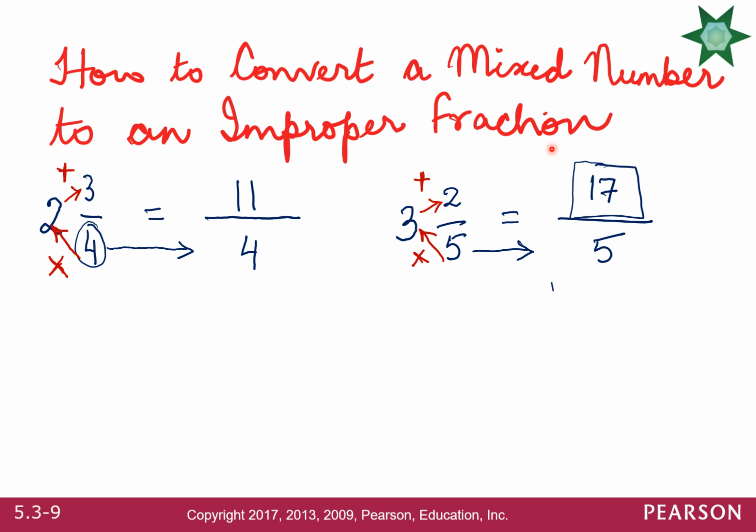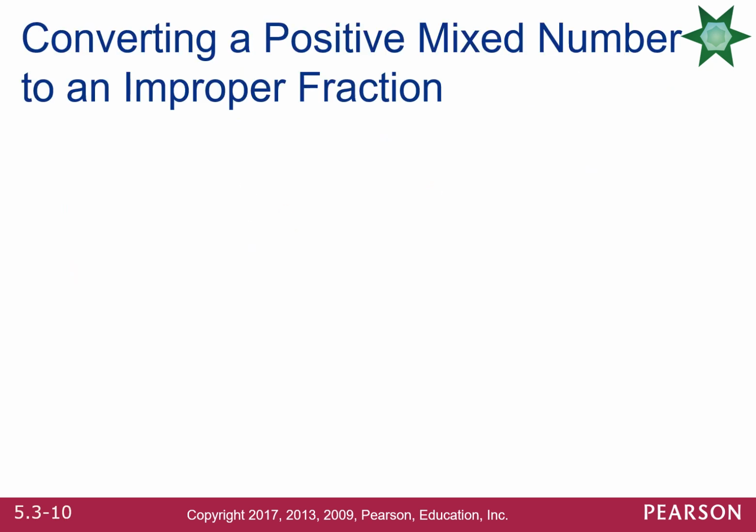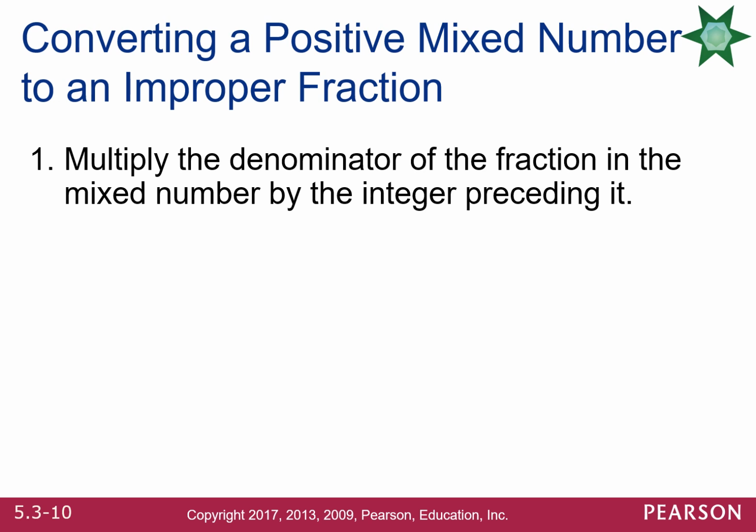Now let's go to the next slide where they write out the steps we performed. Here are the steps written out to convert a positive mixed number to an improper fraction. Let's see if we followed the same process they have written out for us.